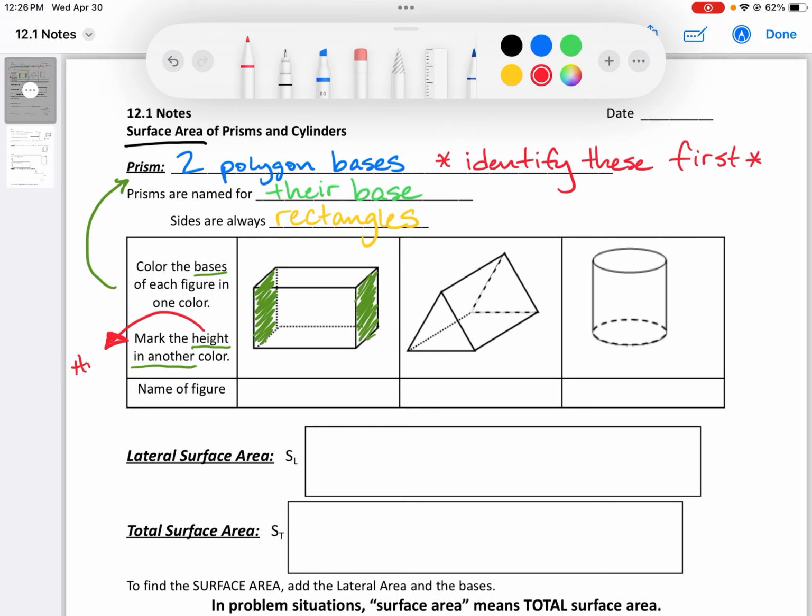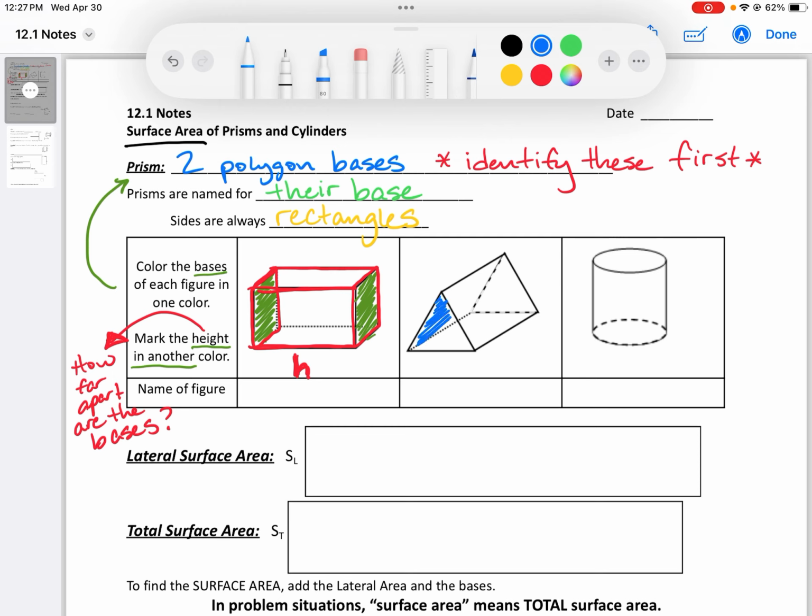Another way to think about height is ask yourself, how far apart are the bases? And so if I have this green base right here and this other green base right here, the height is the distance between them. All right, the height is the distance between them. That is our height.